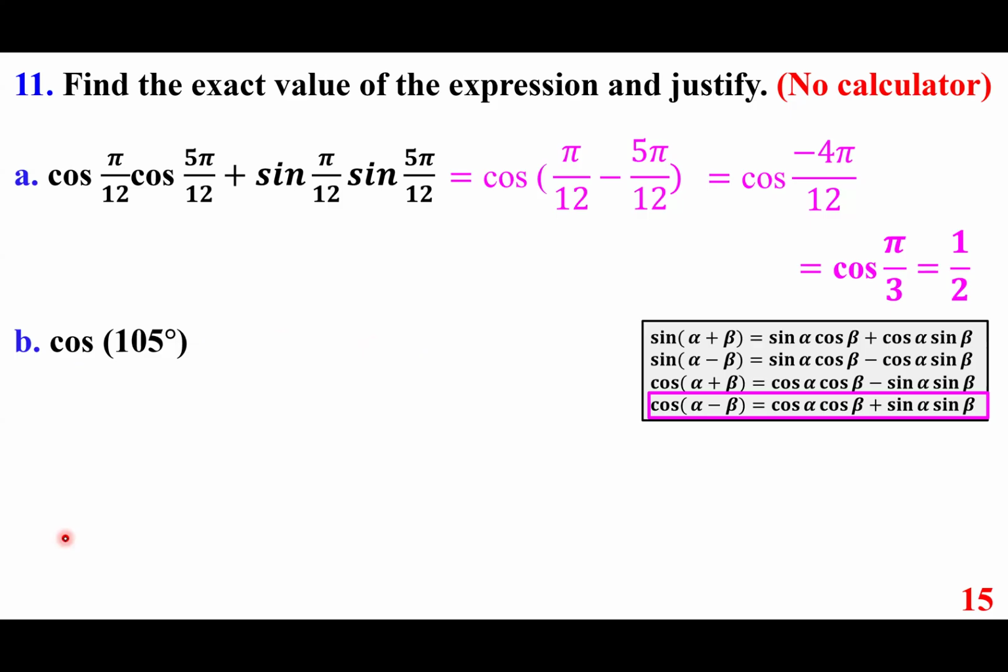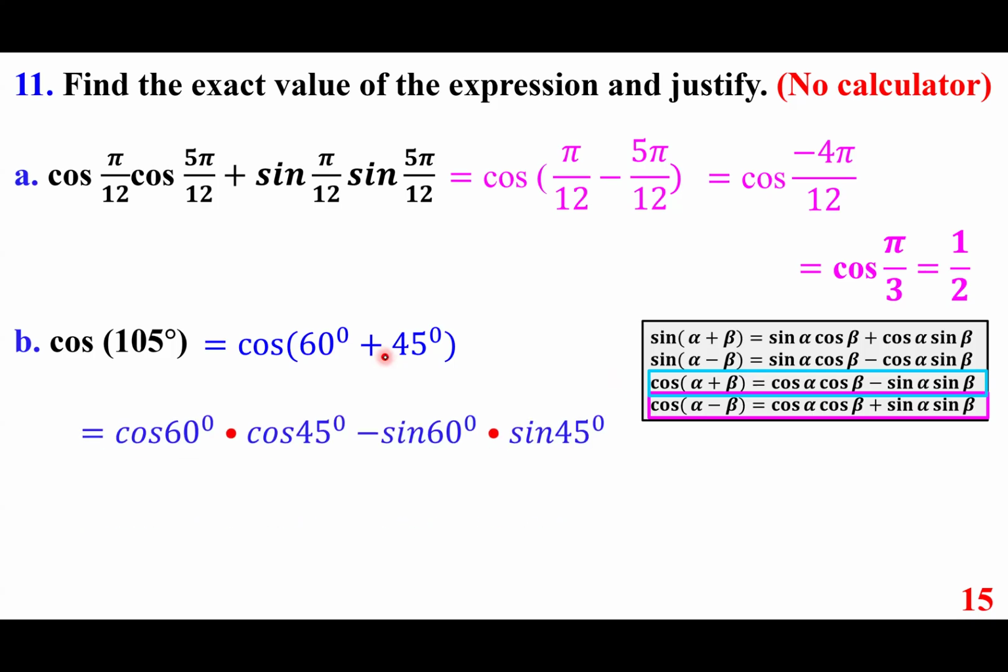Cosine of 105. Actually, believe it or not, it's the same as 7 pi over 12. We just did that. It's cosine of 60 plus 45. We are going to use cosine of alpha plus beta. So cosine 60 cosine 45 minus sine 60 sine 45.